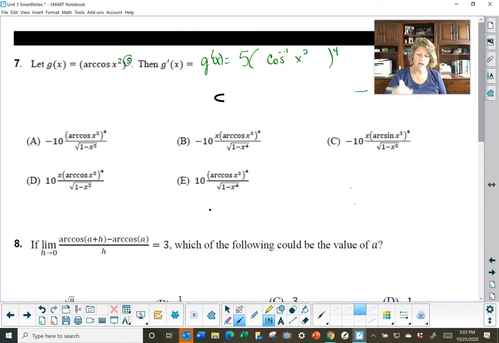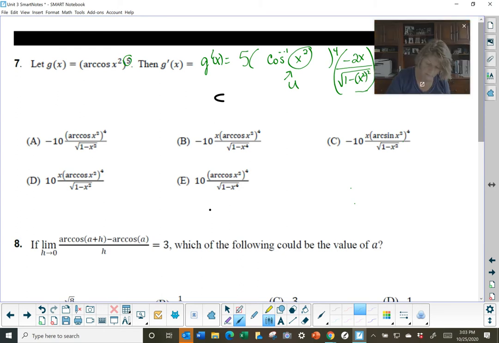Then I've got to chain off and take the derivative of cosine inverse of x squared. That's a u prime. This is my u, isn't it? So I'm going to have a 2x over square root 1 minus u squared, which would be an x to the 4th.